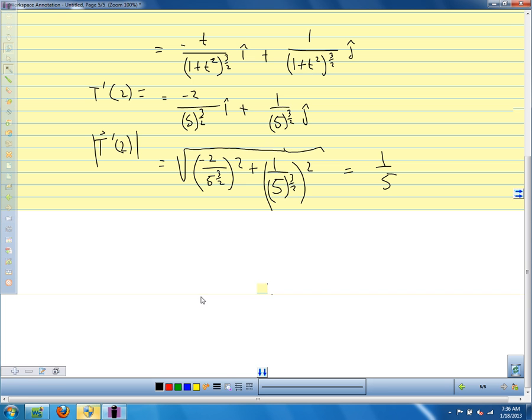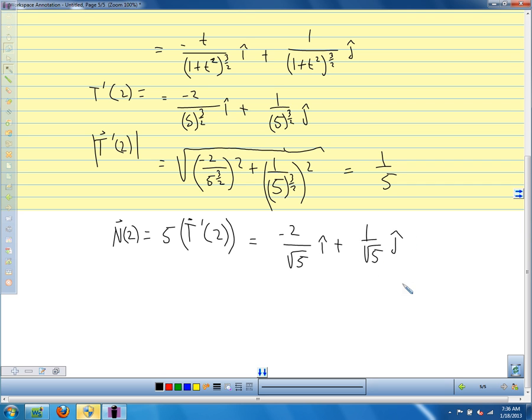So my unit normal vector at time equals 2 is 5 times this vector. I'm just going to write 5 times T prime at 2, and then I'll write the simplified version. I'm just multiplying this by 5. I get negative 2 over the square root of 5 i plus 1 over the square root of 5 j. So that would be my unit normal vector at t equals 2.